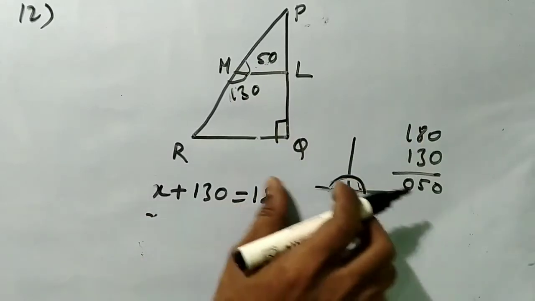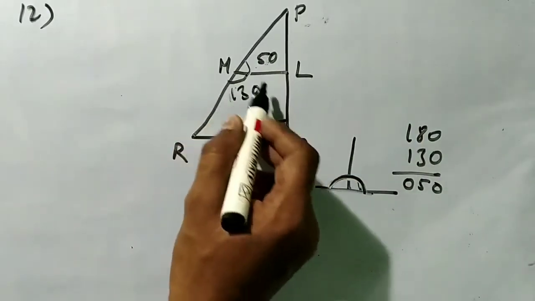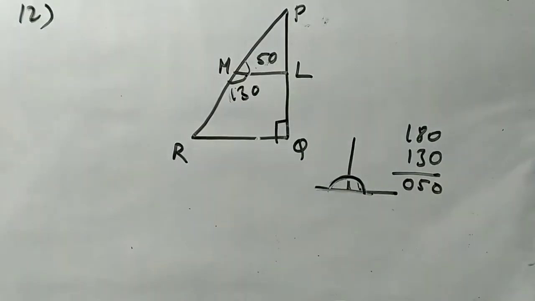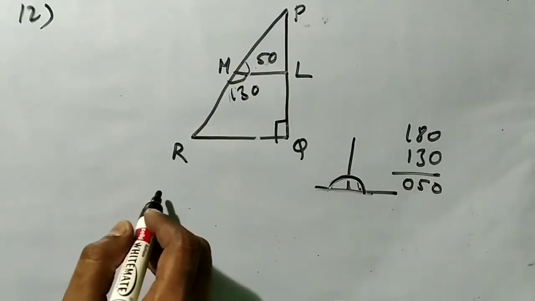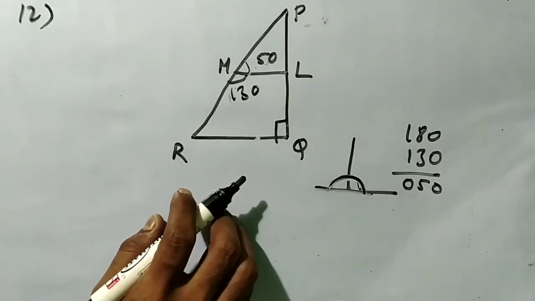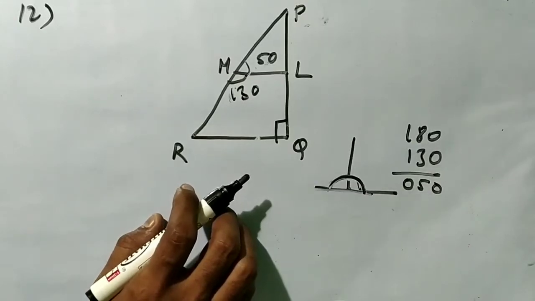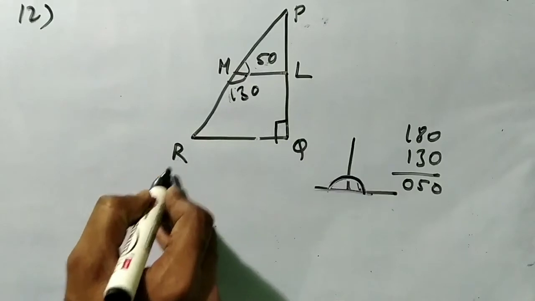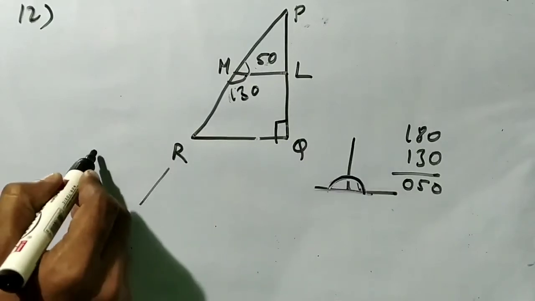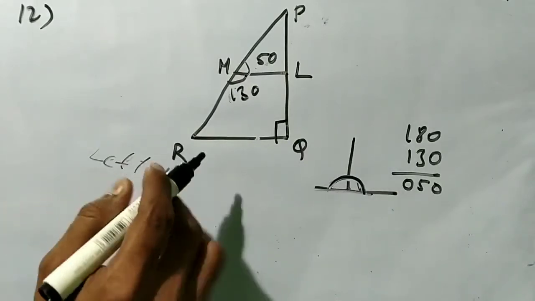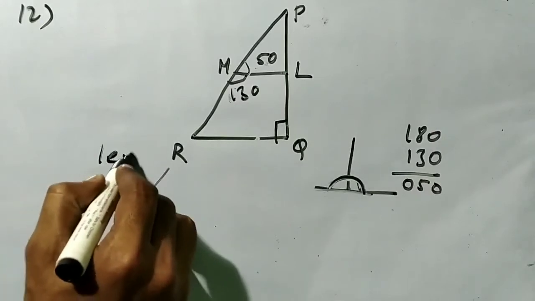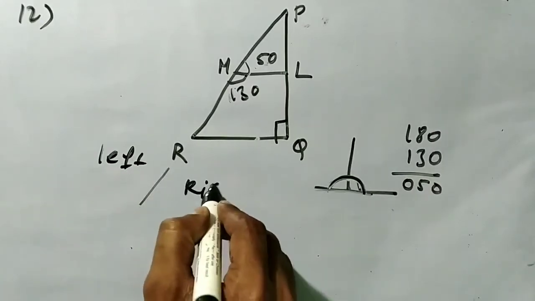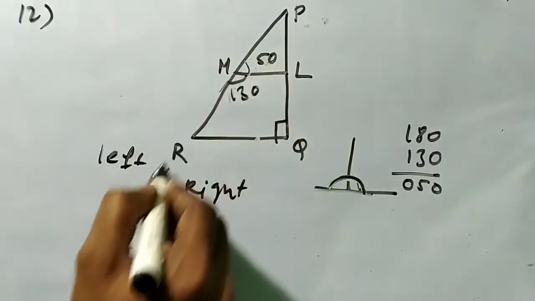We have to find the other angles also. Here we have to remember what corresponding angles are. Corresponding angles are on the same side. Taking a line, this is the left side and this is the right side of the line.